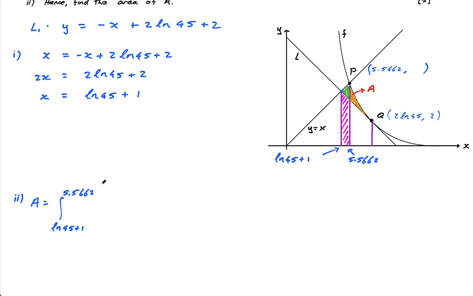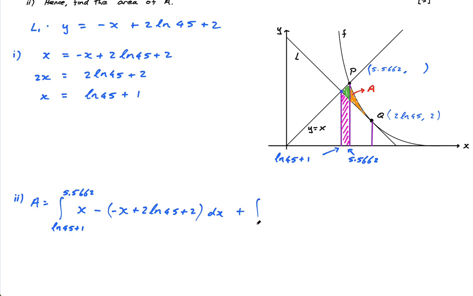So I'm going to do x minus L, brackets hugely important here: minus x plus 2 ln 45 plus 2 dx. That'll give me the green area. You could do these separately if you wanted. I'm actually going to do them together in one go on the calculator.